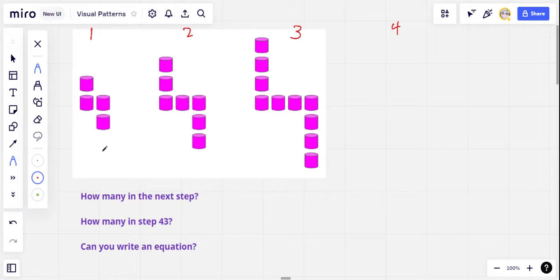Okay, so I'm just going to look at this pattern first to see if I can gain some intuition that way. And I guess right off the bat, the way I'm going to think about it is that we have this middle row, and then we've got these two arms coming off. So here we've got a middle row that's 2 long, and it's got arms of 1 long. Okay, and here we have a middle row that's 3 long and arms of 2 long.